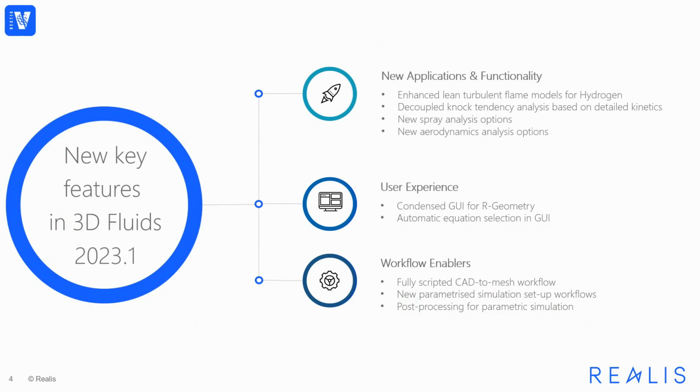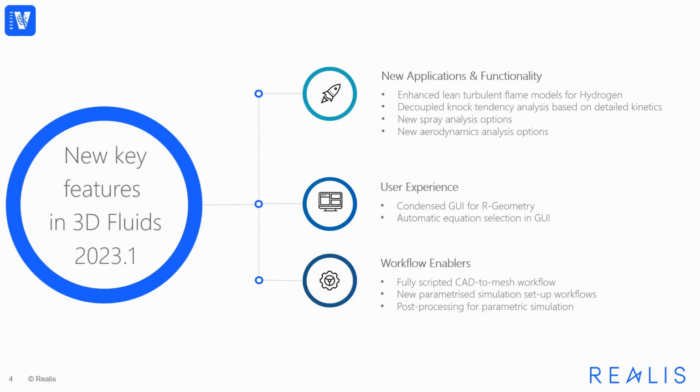This allows our customers to build simple yet efficient workflows for complex analysis and integrate Vectis into design of experiment or optimization loops. A new feature is also introduced in our post that allows to bulk post-process results from parametric analysis very efficiently.